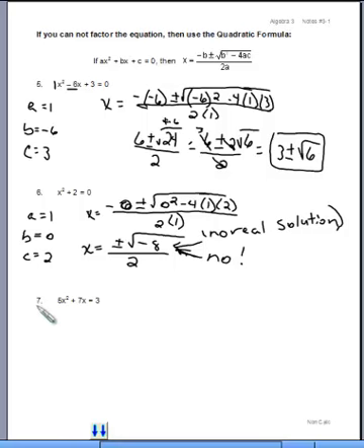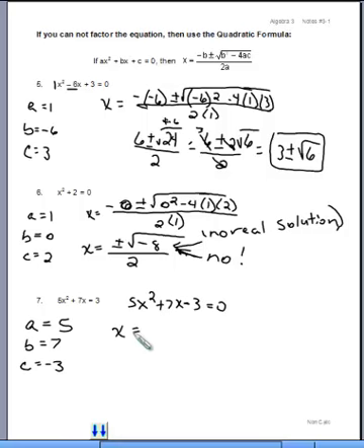Alright, here we have our constant over here, so we need to bring it over and make that 5x squared plus 7x minus 3. If it's not all equal to 0, you bring everything over and set it equal to 0. So in this case now A is equal to 5, B is equal to 7, and C is equal to negative 3.